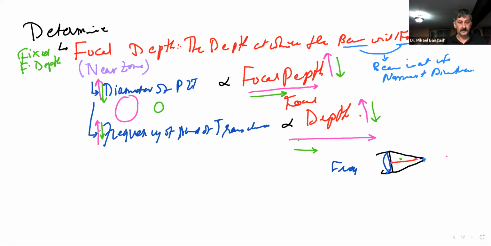So if you had a transducer with a greater frequency, for instance, 6 megahertz, that will have a greater focal depth compared to a transducer with a lower frequency, let's say 3 megahertz.